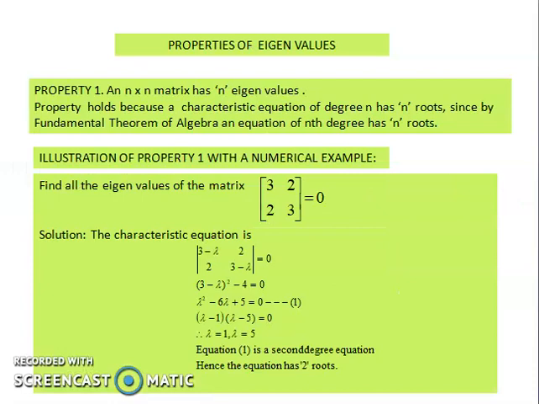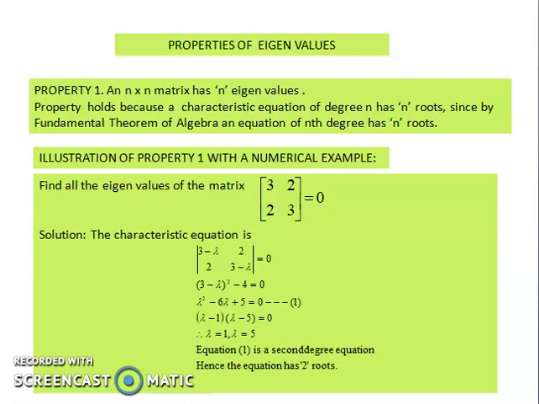There are a few properties of eigenvalues which are very useful in solving numerical problems. The first property is, if we have an n cross n matrix, then we will have n eigenvalues. From the fundamental theorem of algebra, an equation of nth degree will have n roots.